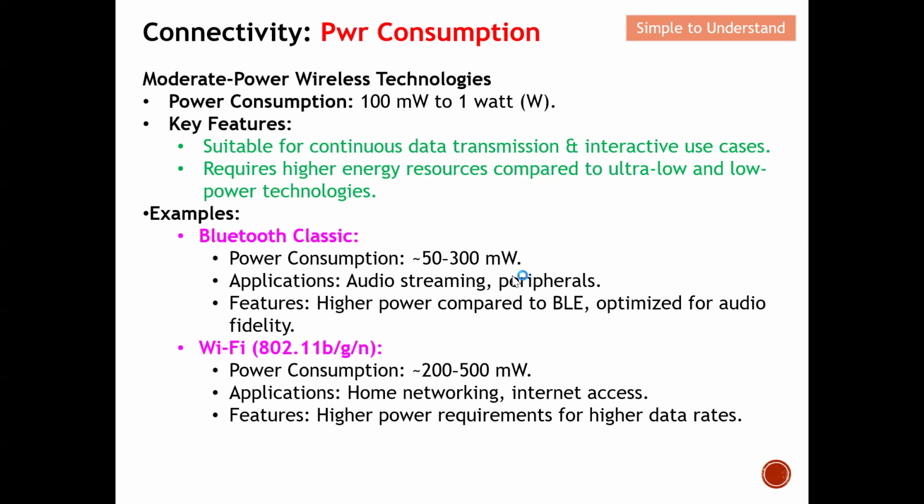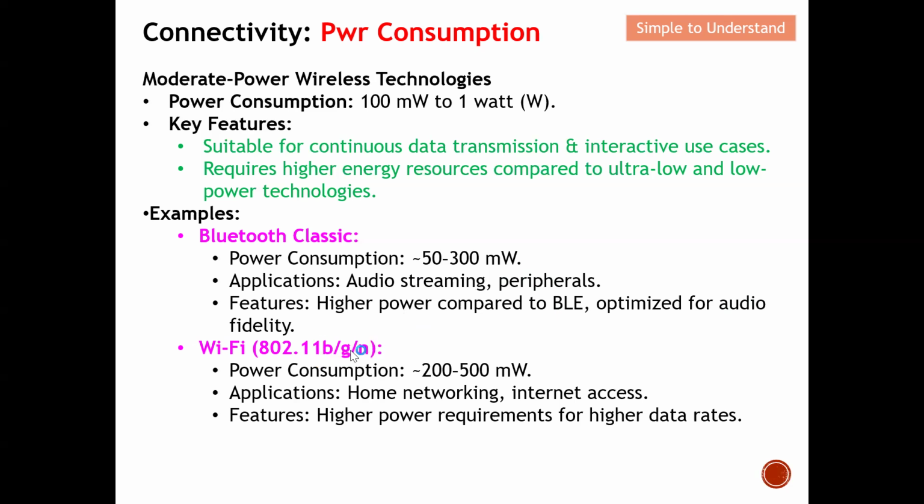Because of this, we need a moderate power wireless technology. The feature is that they have higher power as compared to Bluetooth Low Energy, and they are definitely optimized for audio applications. Next example will be the Wi-Fi 802.11bgn, a slightly backdated wireless technology.